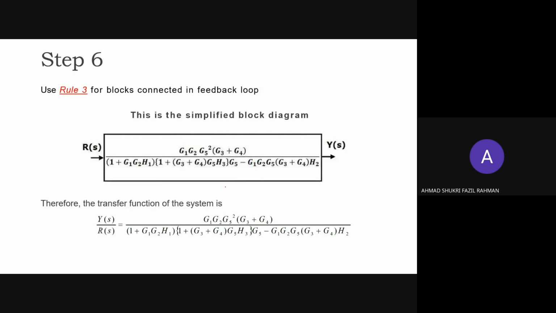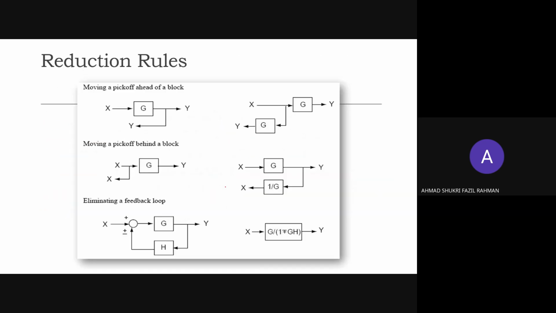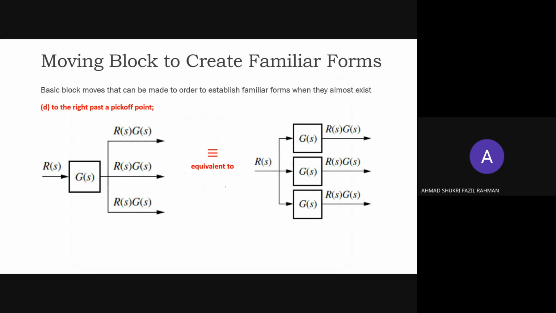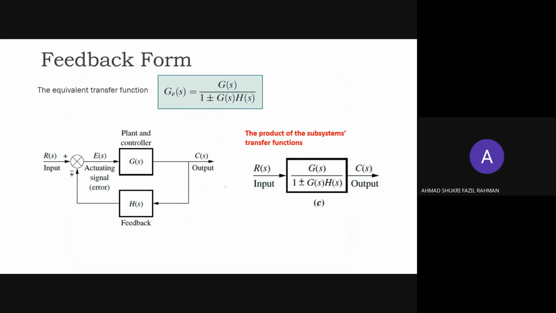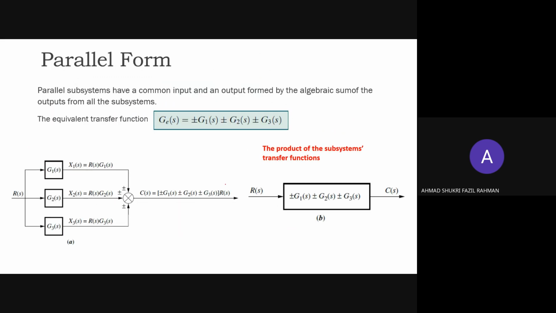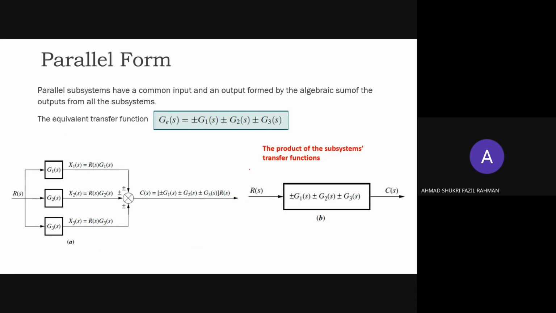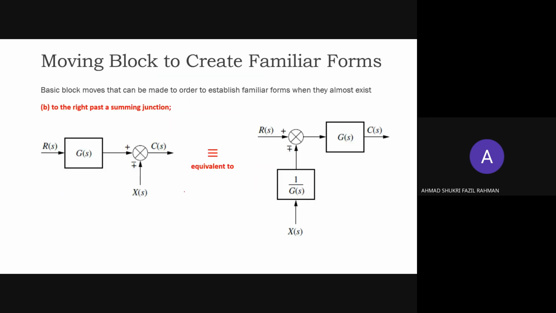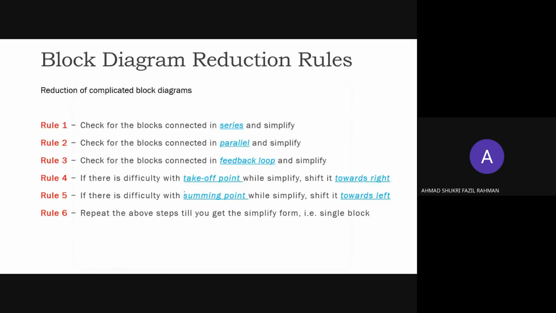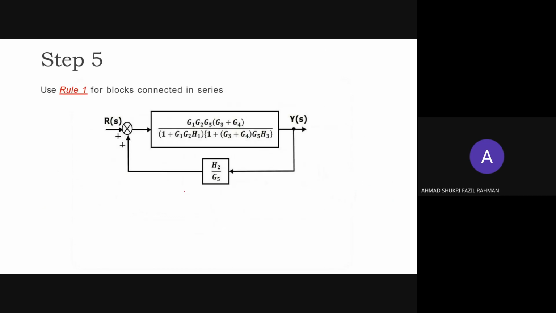You can refer to the previous table of rules shown here. If we have multiple subsystems concentrating on a single point, it is actually the total sum. So again, we go back to example 2.1.